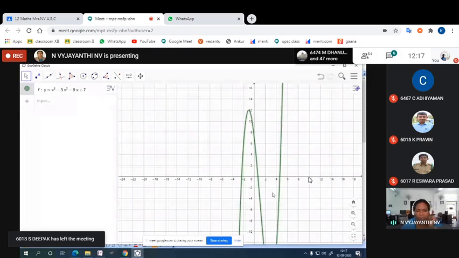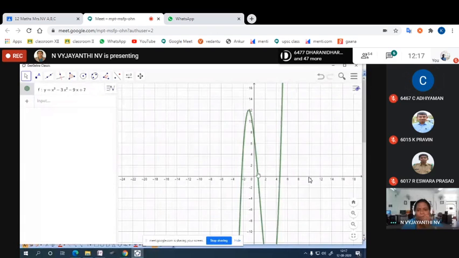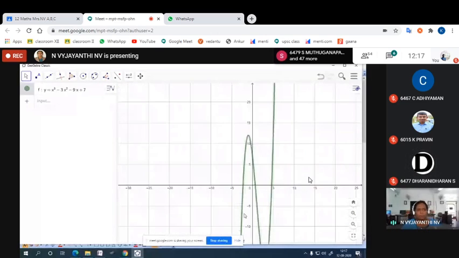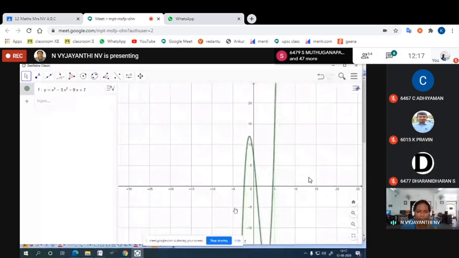At x equal to minus 1, and y equal to 12. So this is the curve for y equal to x cube minus 3x square minus 9x plus 7.